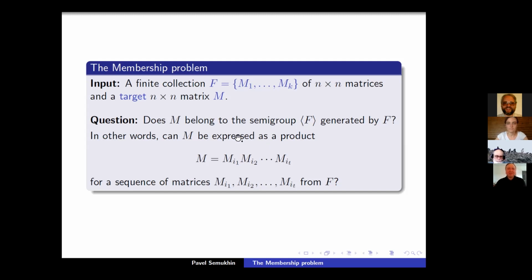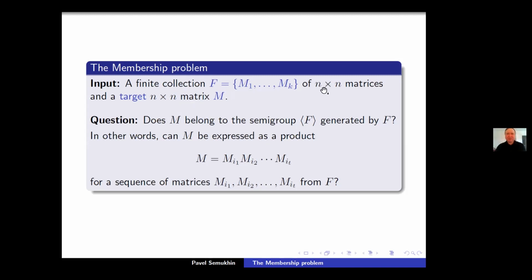So the membership problem is stated like this. As an input, we have a finite collection F of square matrices in some dimension and a target matrix M. And the question is, does M belong to the semigroup generated by F?